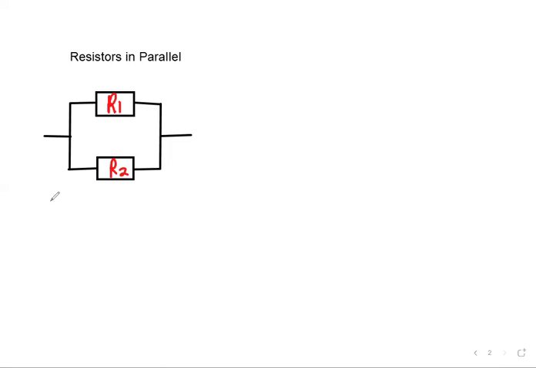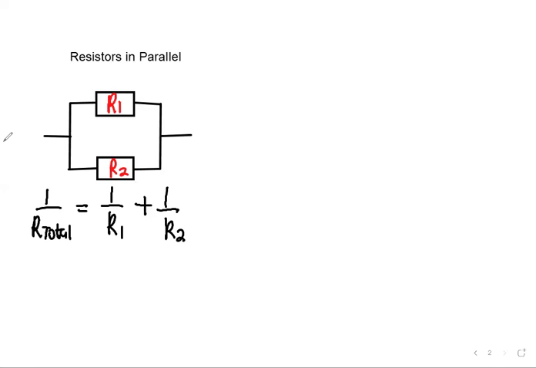We know that our formula for resistors in parallel is 1 over R total equals 1 over R1 plus 1 over R2. If I were to calculate the total resistance, that is the formula I'm going to use.